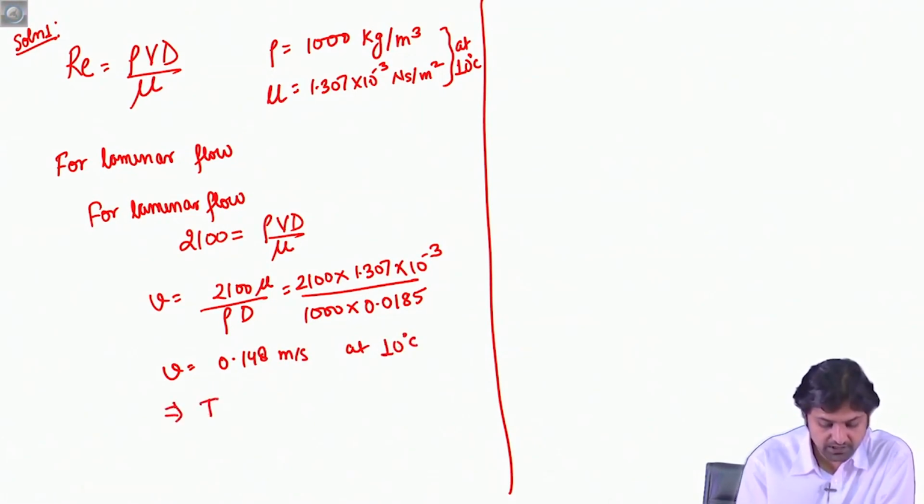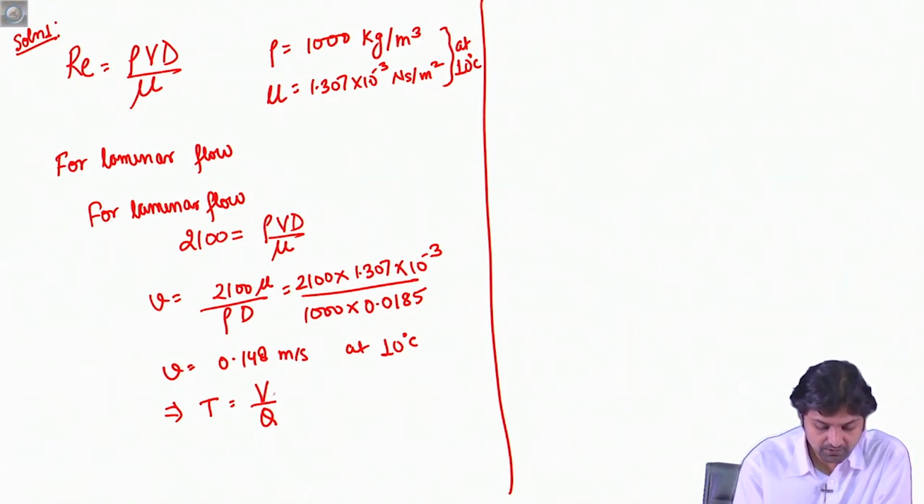Therefore, the time taken to fill is volume divided by Q. The volume, 0.355 liter, is 0.355 into 10 to the power minus 3 meter cube, and Q is area into velocity. What is the area?